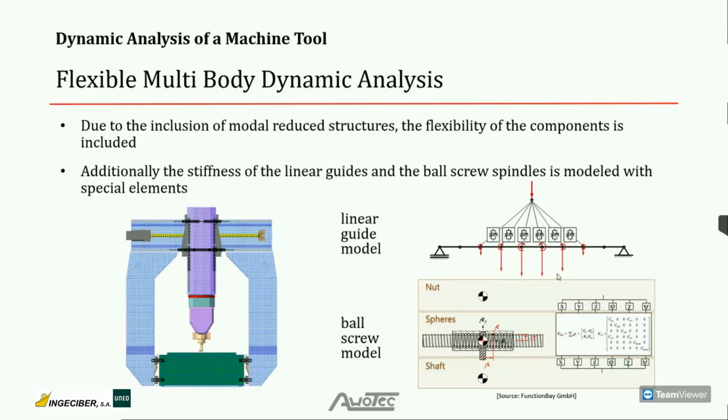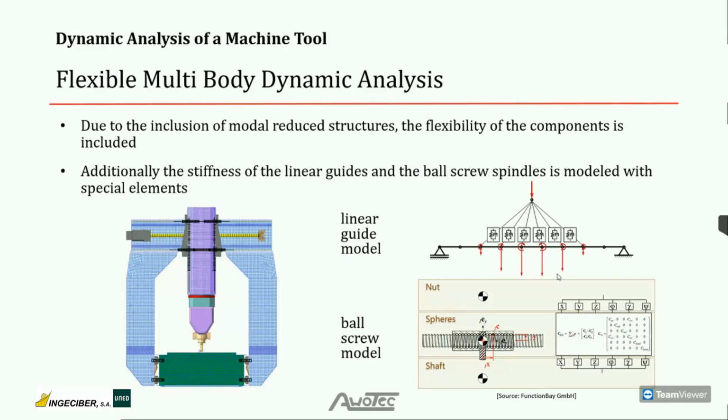Because all the components here are linearized FEA models, these model reduced bodies. But the MFBD model also has elements that help to represent specific machine components such as linear guides or ball screws, which are very important for the correct setup of such a machine tool model.